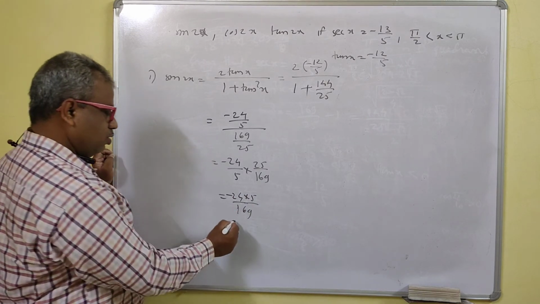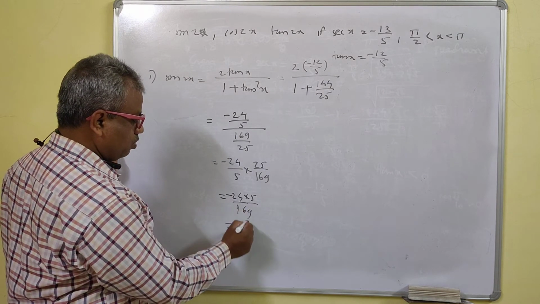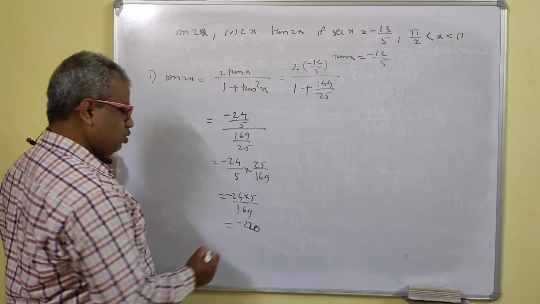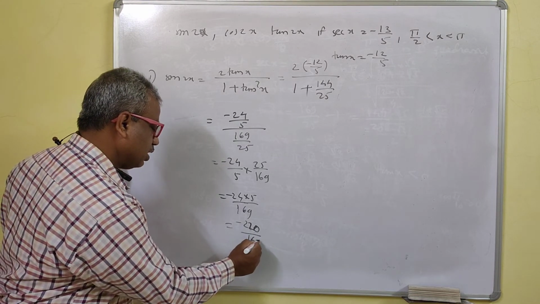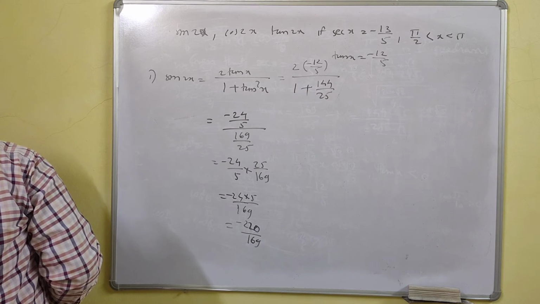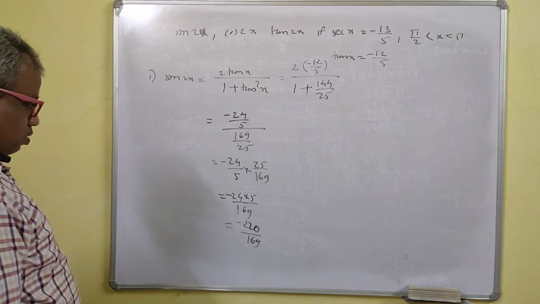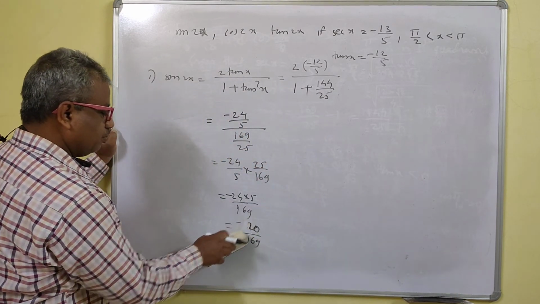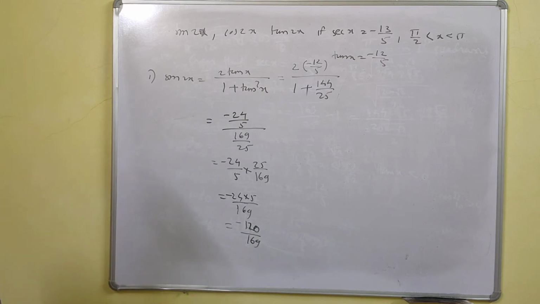So minus 120, not 220, minus 120 upon 169.